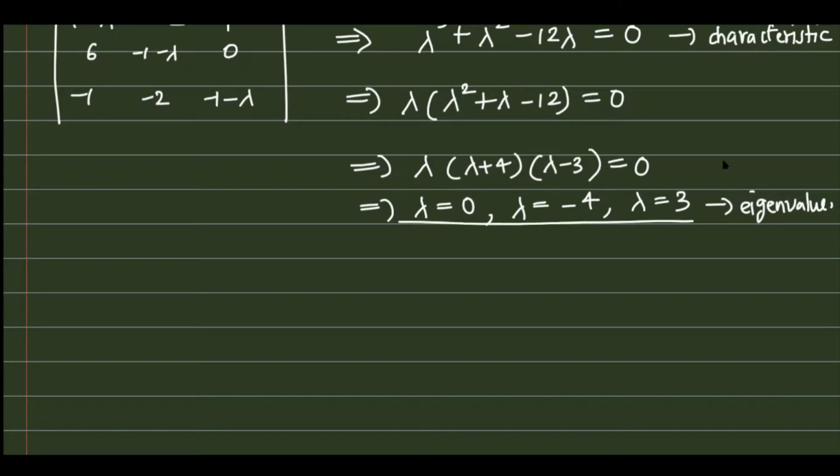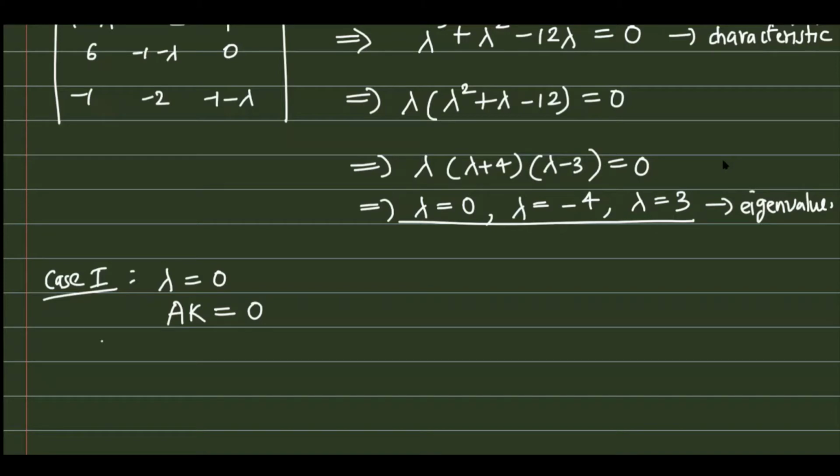So we got eigenvalues. Now our aim is to find the eigenvectors corresponding to each eigenvalue. So for the case 1, we will take lambda equal to 0. So when lambda equal to 0, the equation becomes AK equal to lambda K. Since lambda is 0, it becomes AK equal to 0.